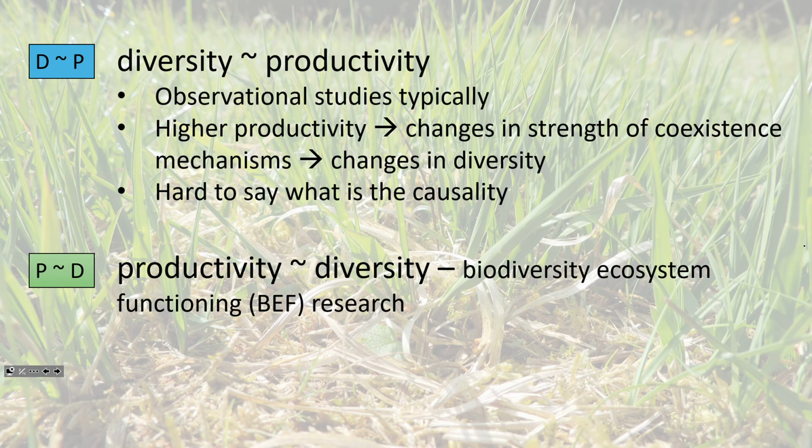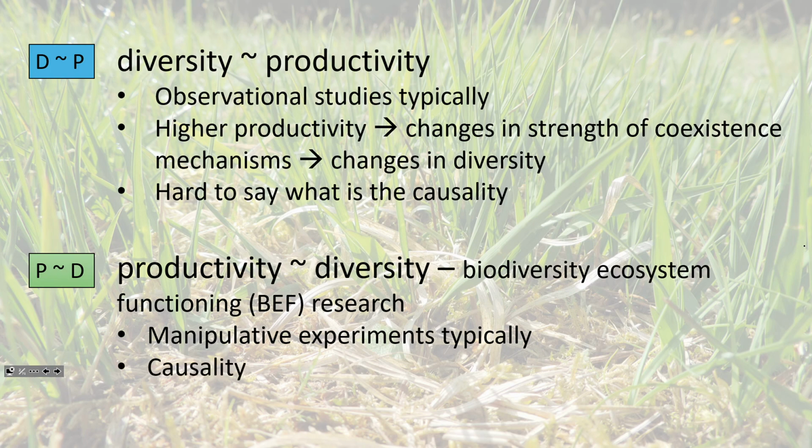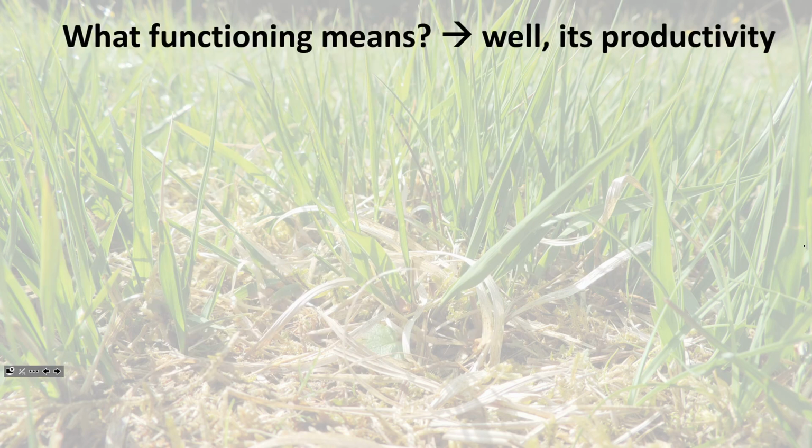This field we can call biodiversity ecosystem functioning research, and this is typically based on manipulative greenhouse experiments and field studies, but typically with some created gradient of diversity, manipulated diversity, and here you can more precisely talk about some causal relationship.